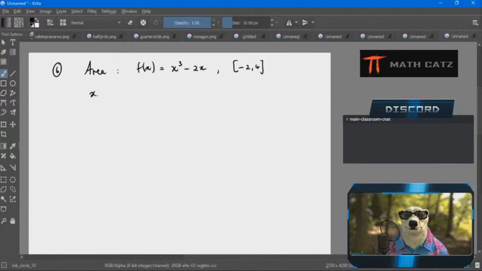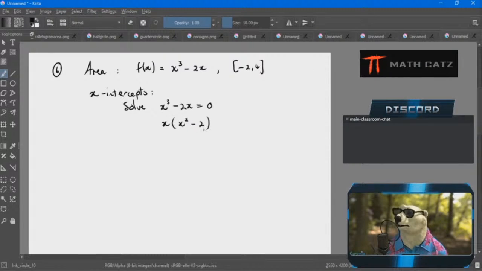All I need to check is what are the x-intercepts of this guy, where I set y equal to 0, and I need to solve for x in the resulting equation. So now I can factor out an x to get x squared minus 2 in the bracket. So that means I have x equal to 0 or x equal to plus minus root 2.